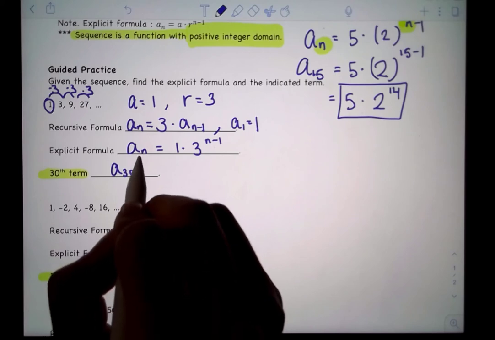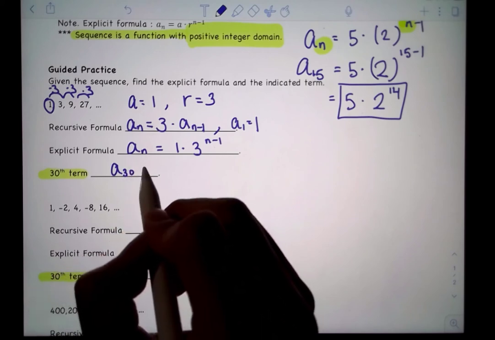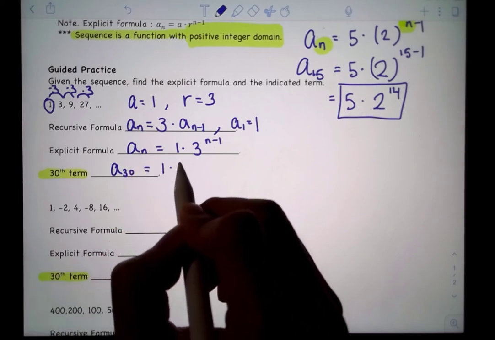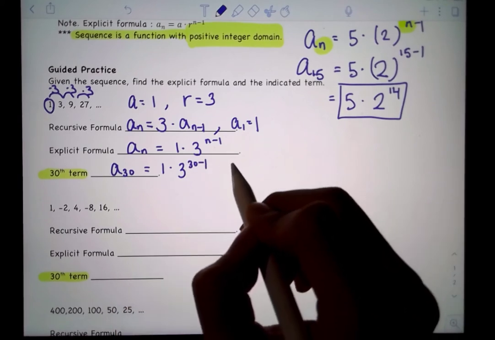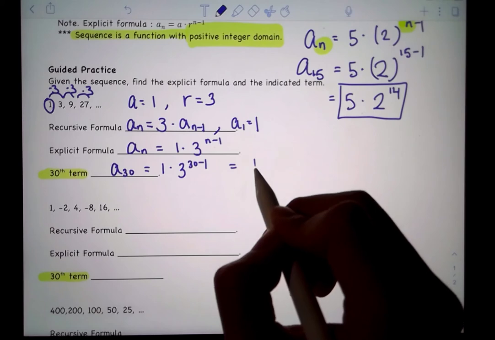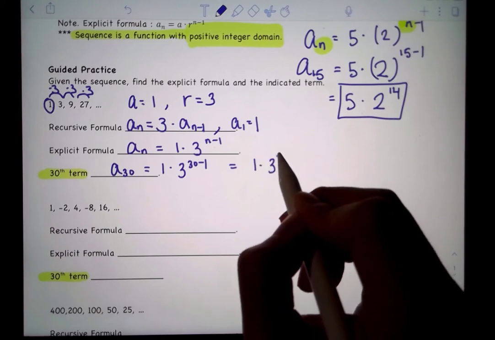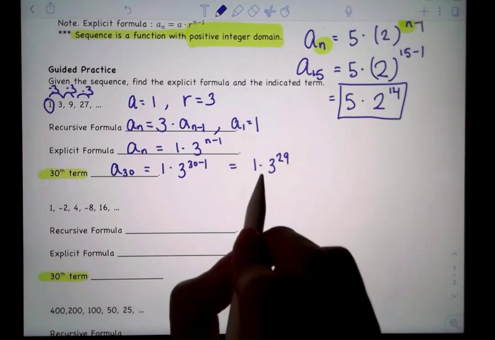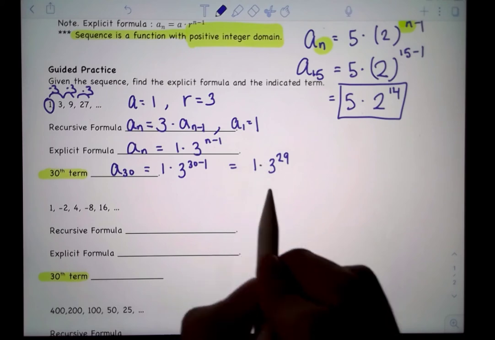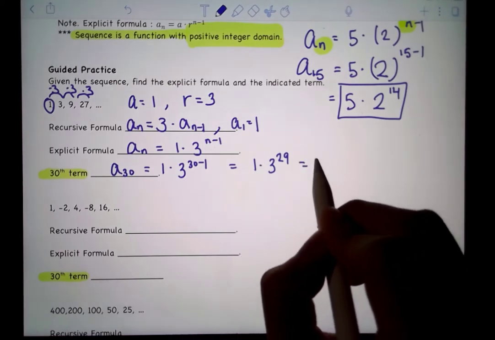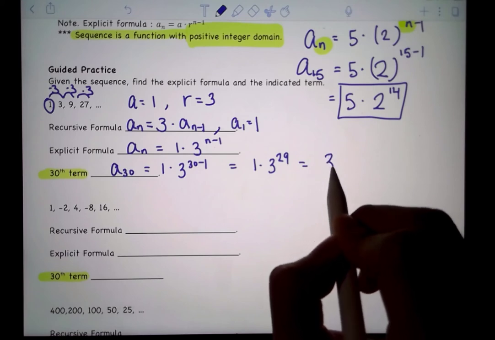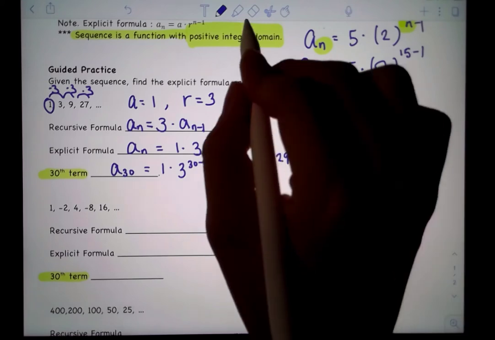To get a30, you put 30 into n. So 1 times 3 to the 30 minus 1. So it will be 1 times 3 to the 29, right? And this 1 times, that's nothing. You multiply by 1, you get the same thing again, right? So you can just say 3 to the 29. That's it.